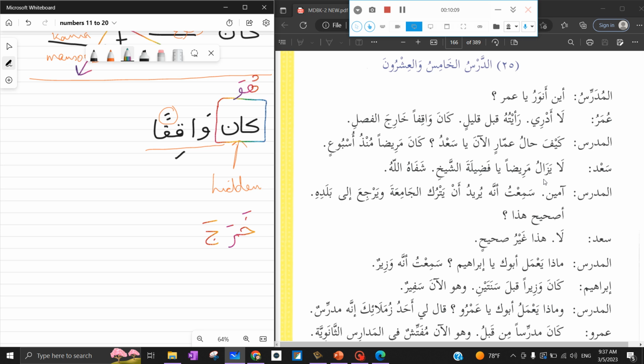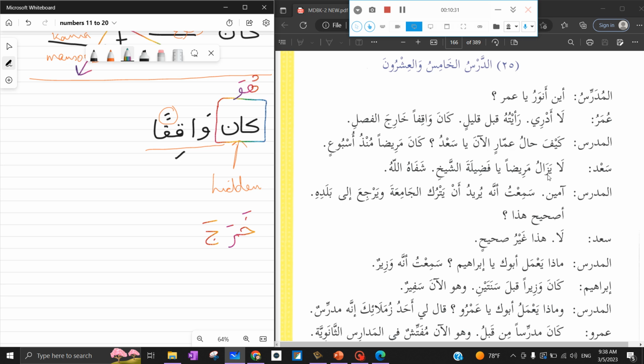Now, what is la yazalu exactly meaning? La yazalu is a sister of kana. There are a lot of sisters of kana. There are kana and yazalu, mazalu, ma fati'a, ma bariha. There are a lot of sisters of kana and they all mean the same except some sisters.